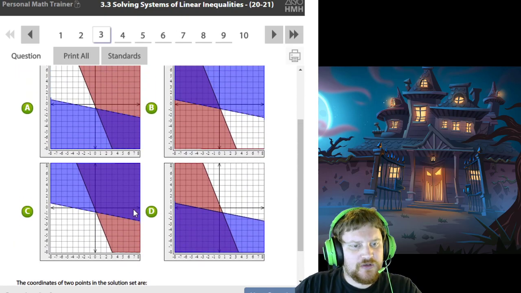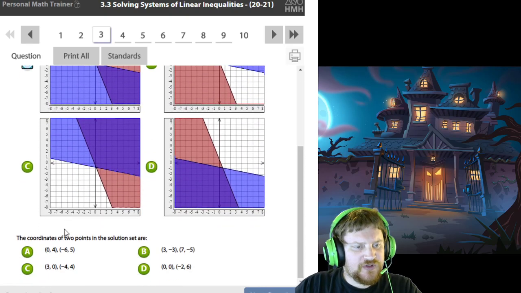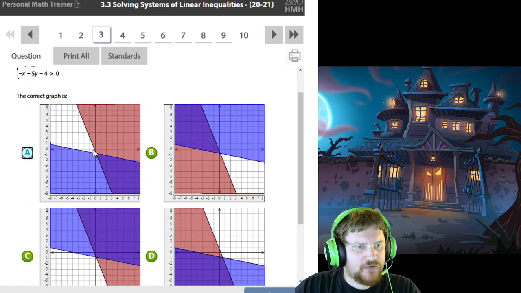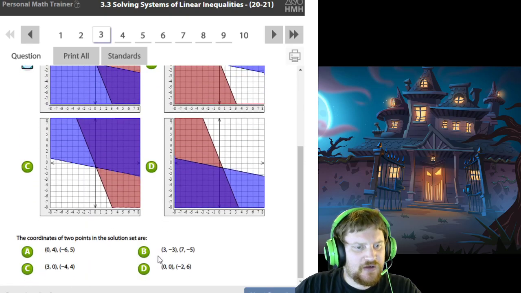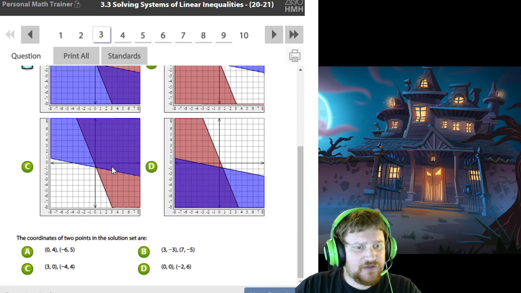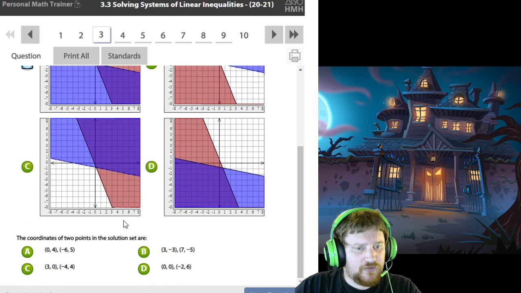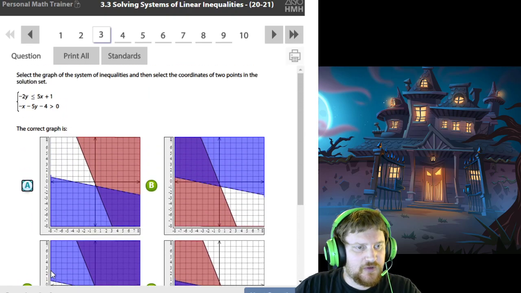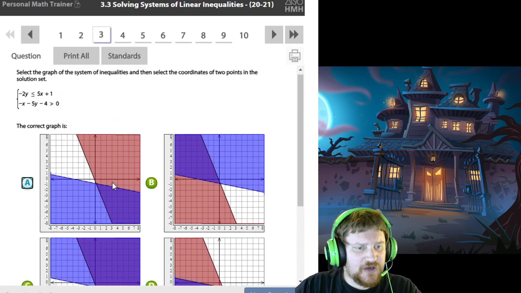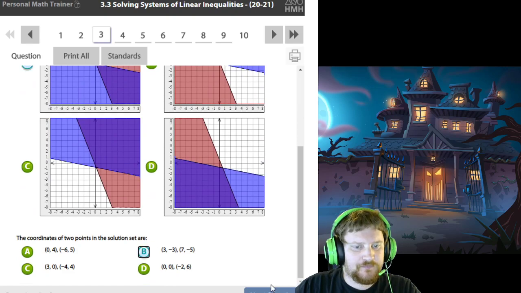Bottom right quadrant is the darkest, so it's A. Two points in the solution set: 0, 4, definitely not. 3, negative 3 is, but what about its partner? 7, negative 5, yes, so the answer is B. Let's just double check, make sure C and D don't work. C is 3, 0, that does not work. D, 0, 0, we see is out, so it's definitely B.